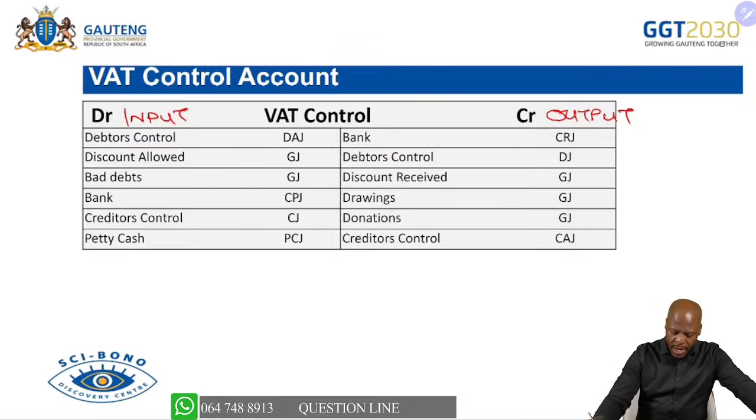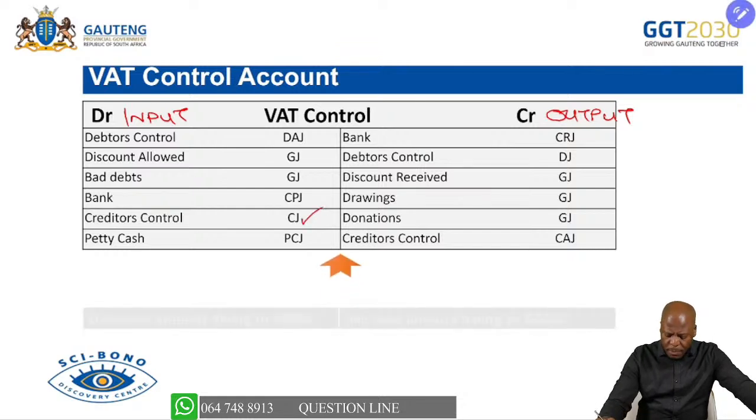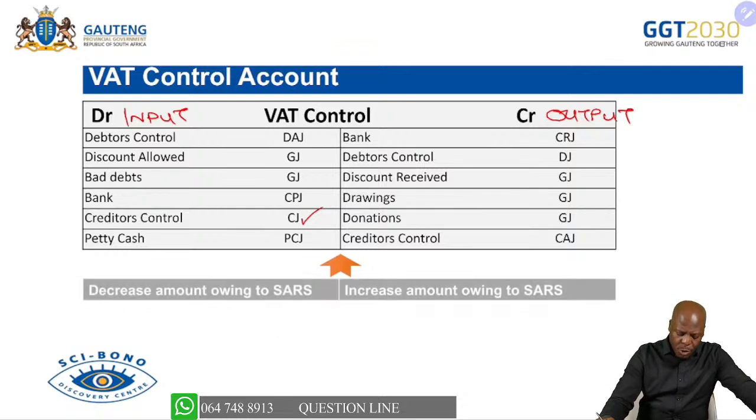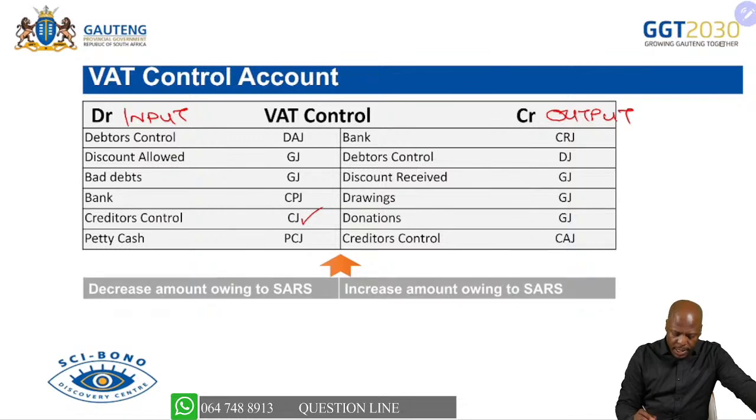All right. Now, as you can see here, I want us to understand, dear learners, that my VAT control account, on the debit side, decreases the amount owing to SARS, but on the credit side, it increases the amount owing to SARS.